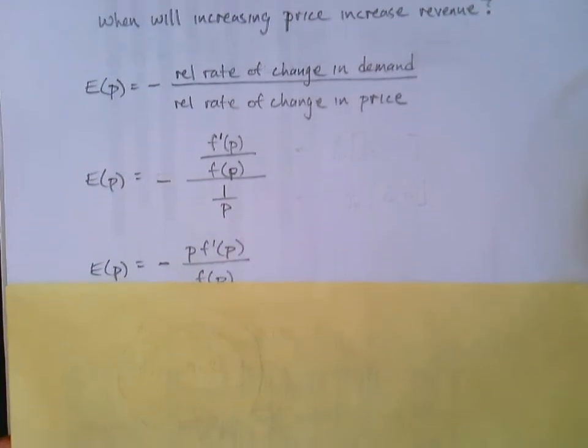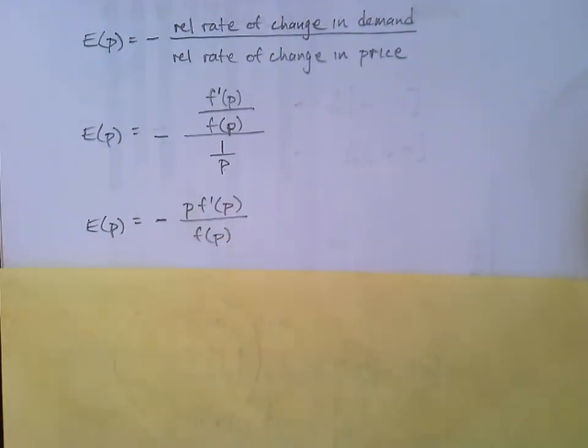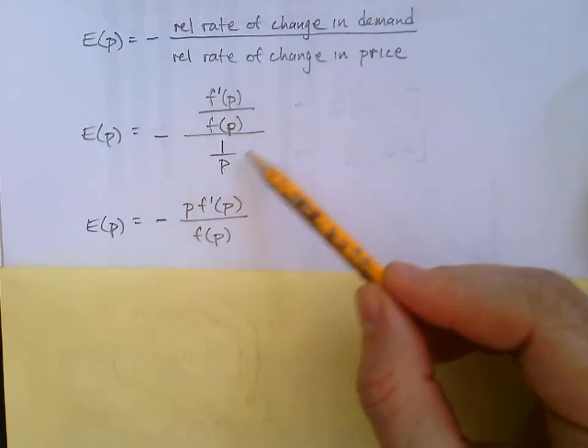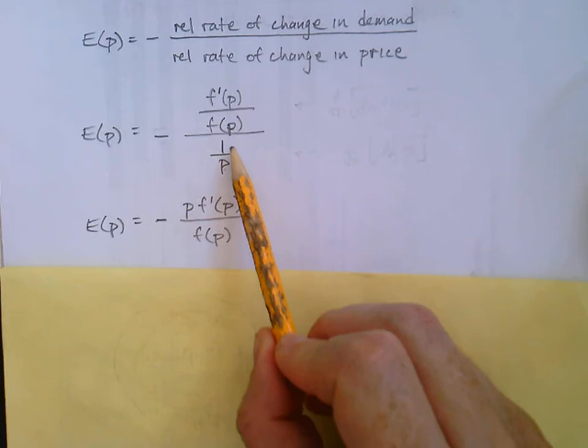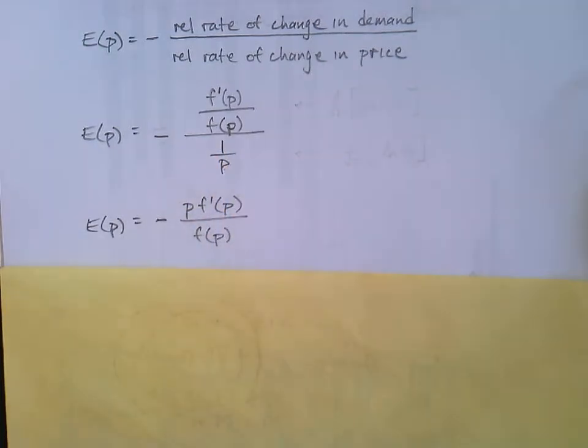Here's the simplified version. This is great, nothing wrong with this, but a fraction over a fraction, we can simplify that. And we end up with this. It turns out because our denominator is 1 over P, it simplifies very nicely here.